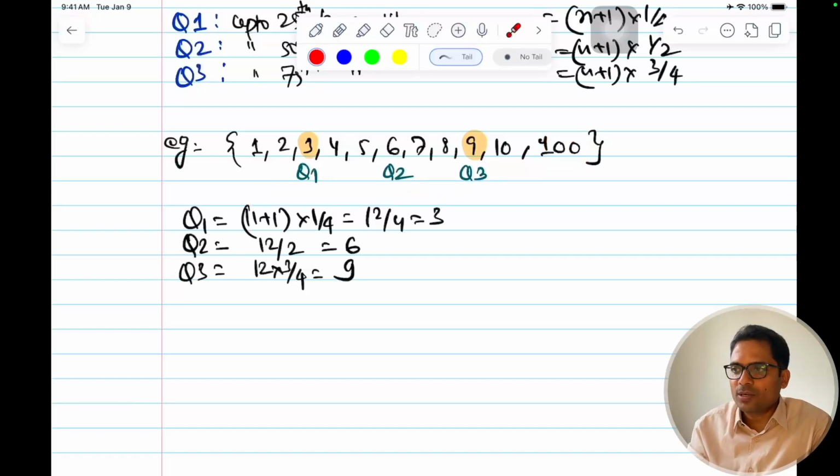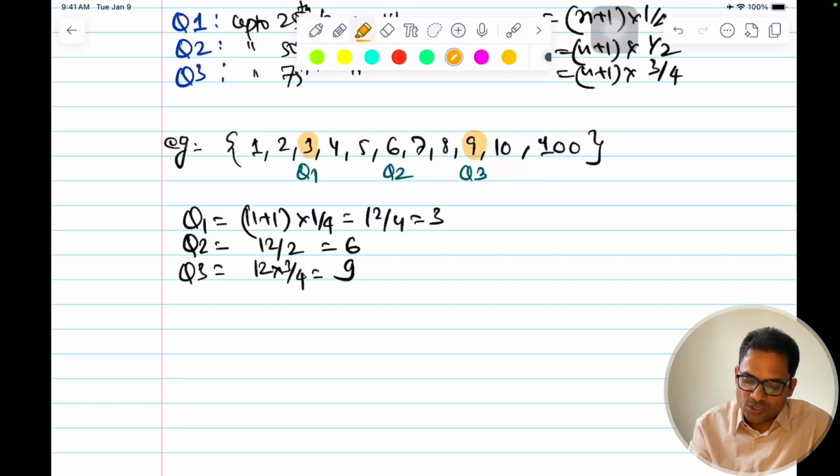And now what are the 4 parts? If you see, this is dividing the data into 4 parts. This is my first part, this is my second part, this is my third part, and this is my fourth part.